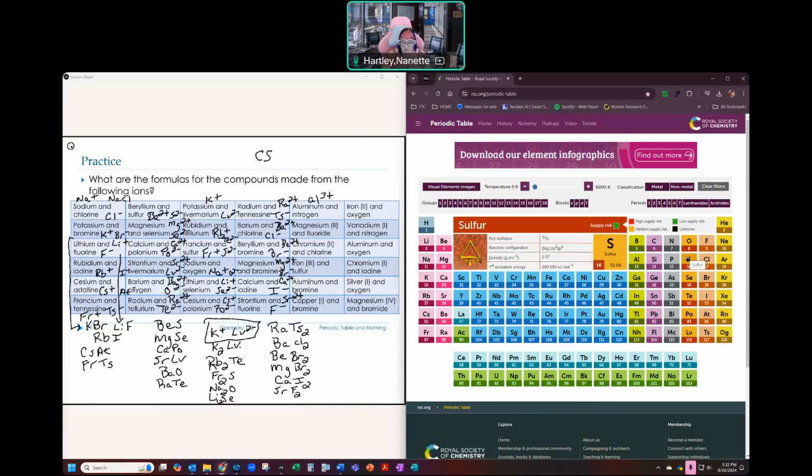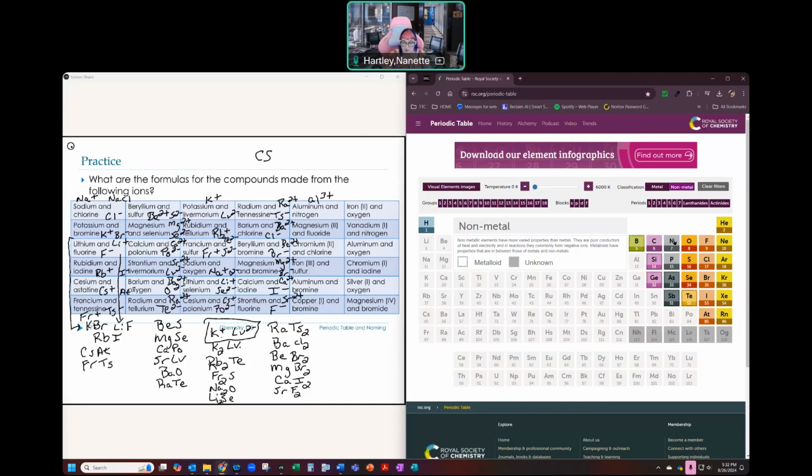Now, we talked about nitrogen, who's right here. He's a nonmetal. So he's going to gain electrons. And when he does, he's going to gain 1, 2, 3 to be like neon. So you can have an N3-. And so that means we're going to have an AlN. Okay, so one of each.